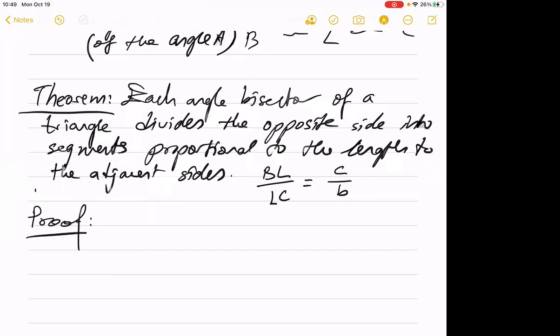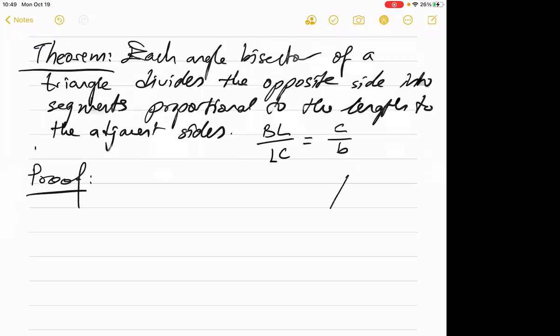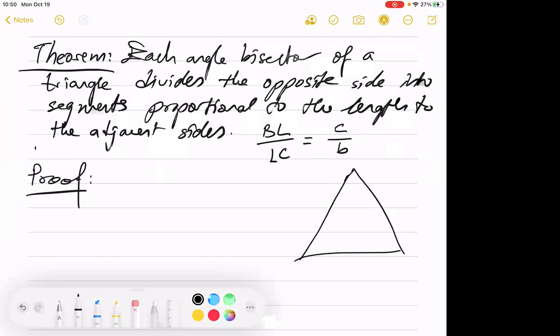Let's draw this angle again. It's not very good, so let's erase this and draw once again.